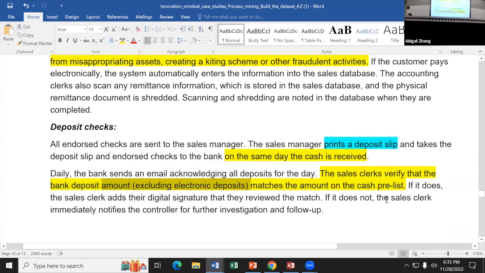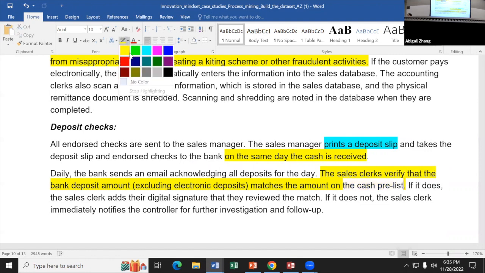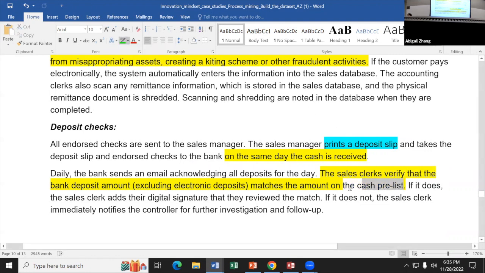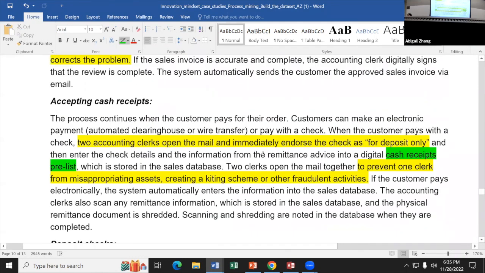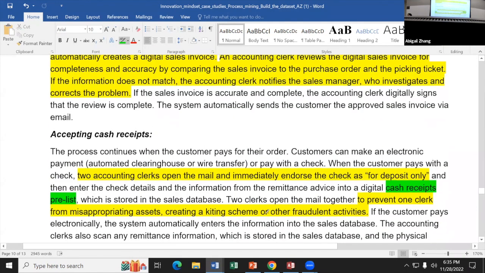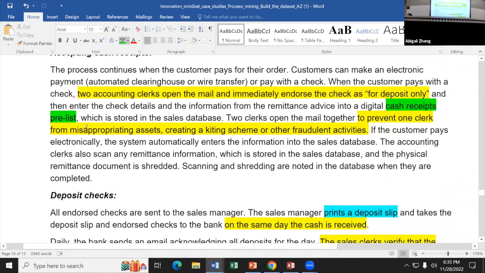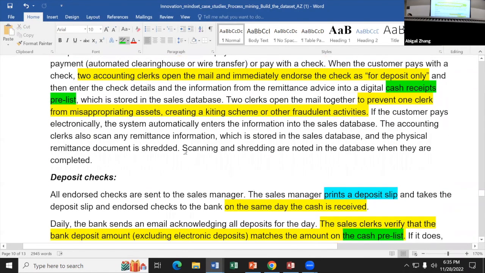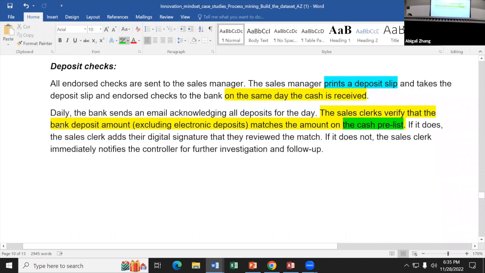So by matching this number to the cash pre-list compiled by the employees who open the deposit, comparing this original number to the bank's record, you can identify if the manager misappropriated that $100, right?